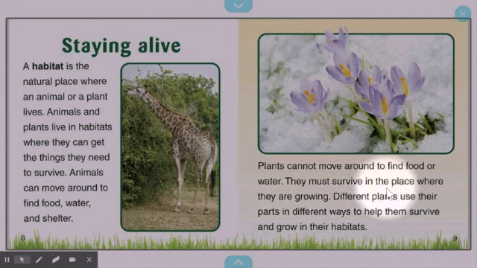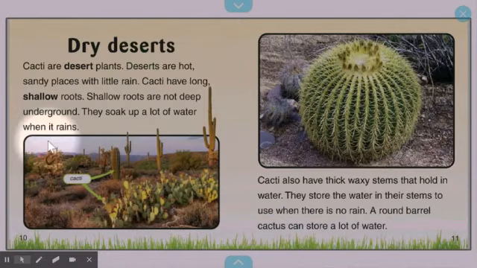They must survive in the place where they are growing. Different plants use their parts in different ways to help them survive and grow in their habitats. So plants can't move around once they're in the ground. That's where they stay. So now they have certain characteristics that will help them survive in that place.